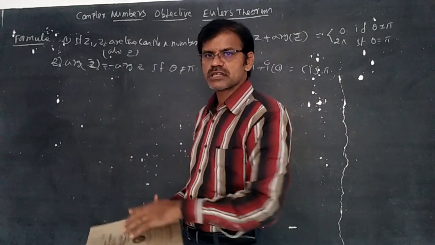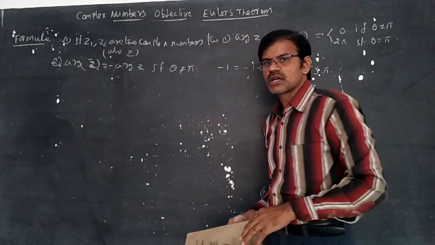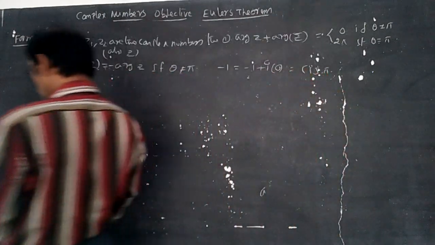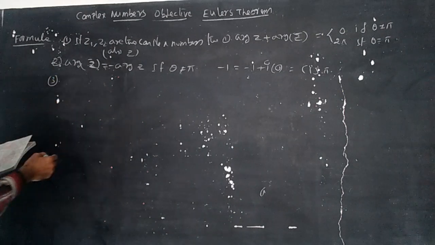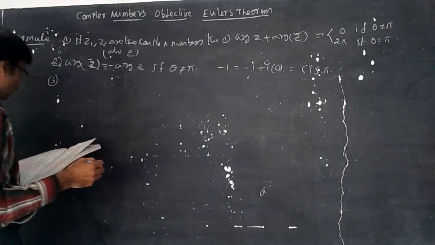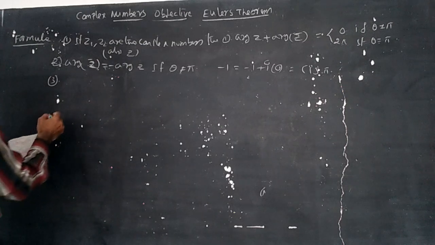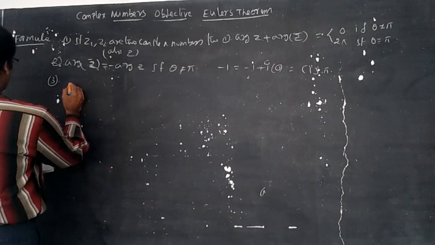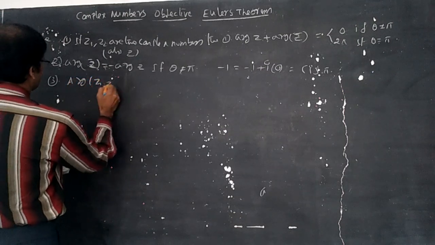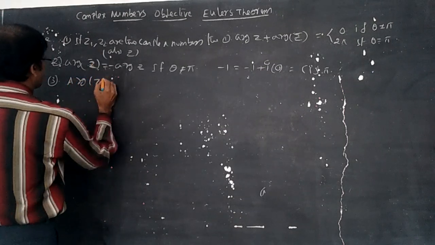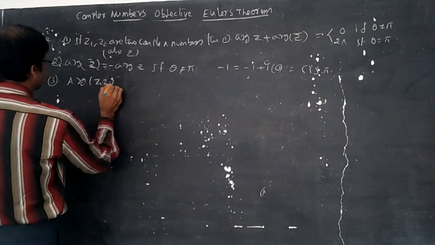So in all other cases it is true except theta equal to pi. Third one: argument of z1 z2.